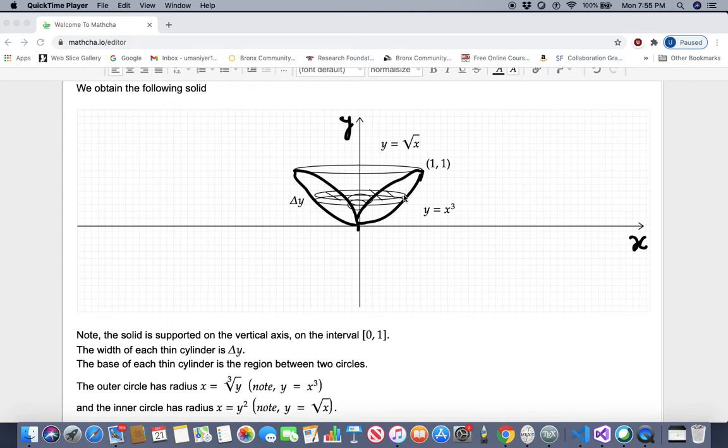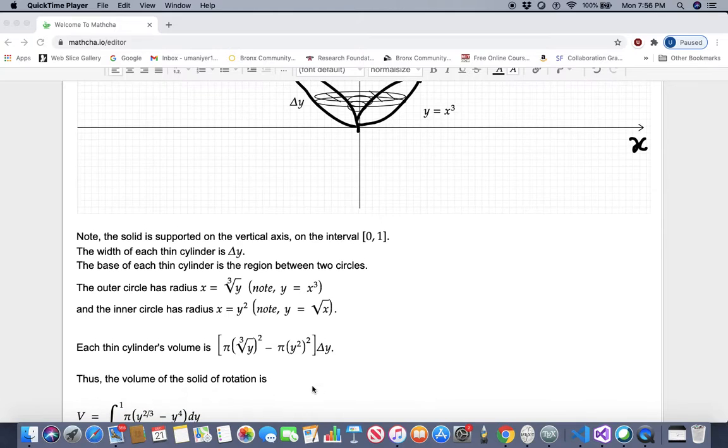That's the outer radius. What's the inner radius? That's the x coordinate of this curve. That curve is y equals square root x, so x is y squared. So the area of that washer, the region between the outer circle and the inner circle, is pi outer radius squared minus pi inner radius squared.